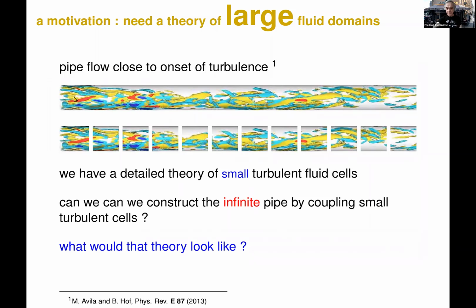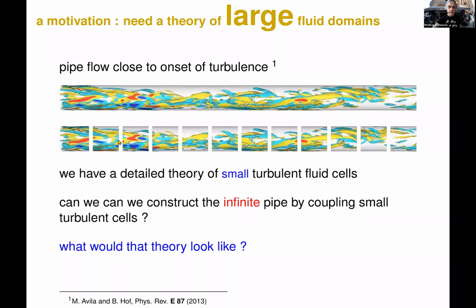So here is a typical simulation of turbulence close to the onset of turbulence, not for very high Reynolds numbers. And what's striking about this is that it has recognizable structures. Now, simulations and experiments are done on what are essentially infinite length pipes, so they're translationally invariant along the pipe.